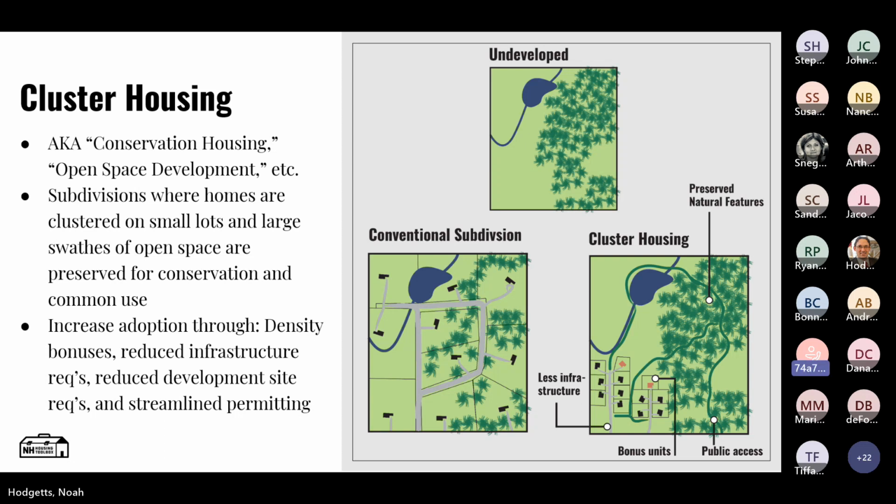So Jacob from the town of Salem will give a nice map of that, but some form of this, cluster housing, conservation housing, has been adopted by many local governments in New Hampshire. And they basically do a similar set of things. So they're a different way of permitting subdivisions where homes are clustered on small lots and large swaths of open space are preserved for conservation and or common use.